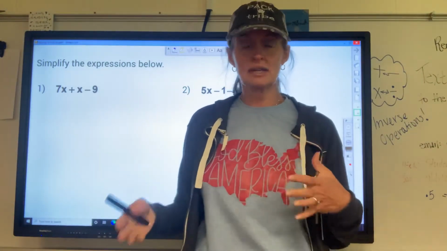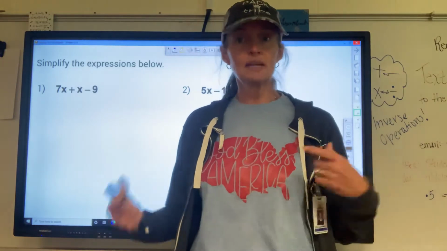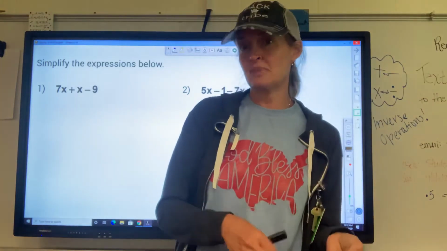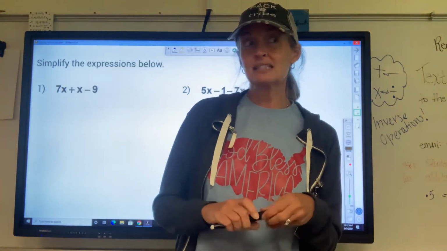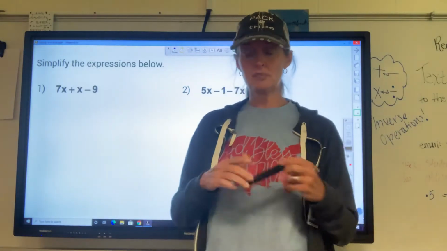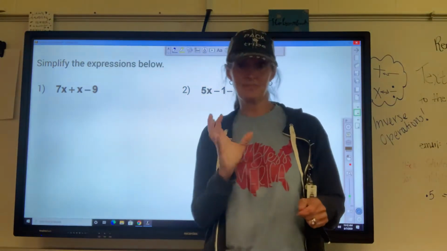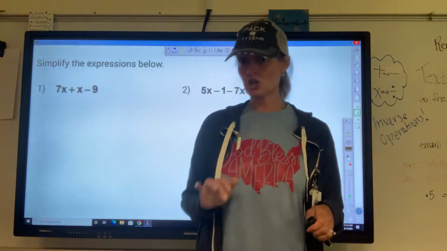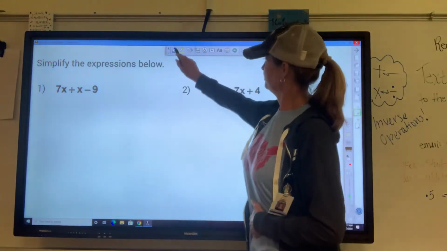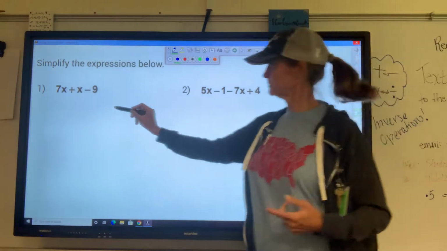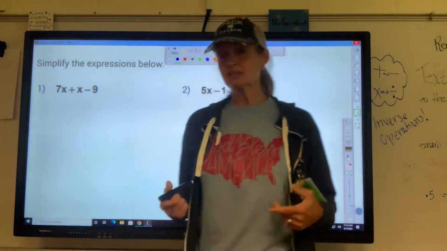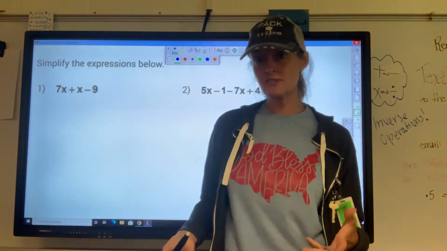And so I always think about it that terms are separated by kind of like pluses and minuses, but every number has a plus or a minus. And so every time you get a new plus sign or new minus sign, that's the start of a new term. So see how 7 doesn't really have a sign in front of it?